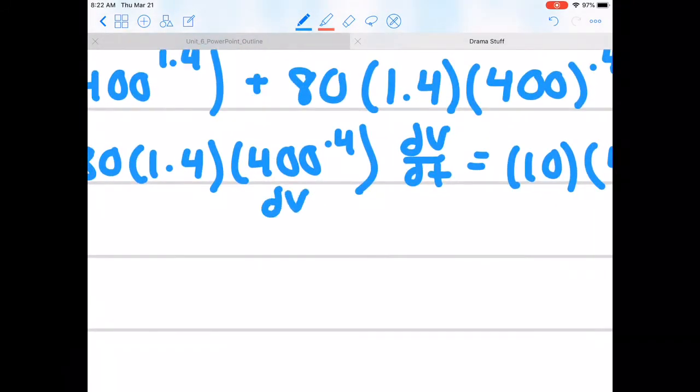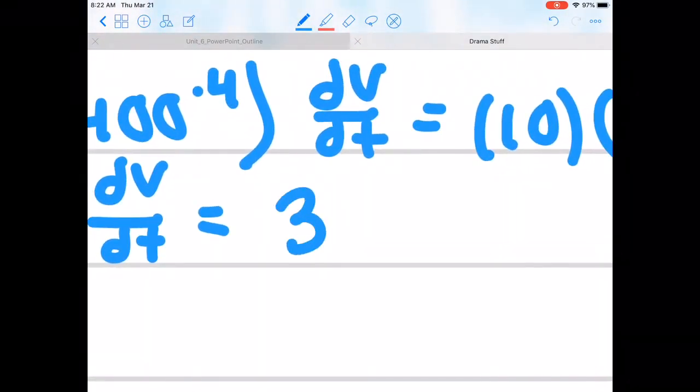Okay, so we just skipped a few algebraic steps and divided over the coefficient of dV over dt. So the final answer is 3.